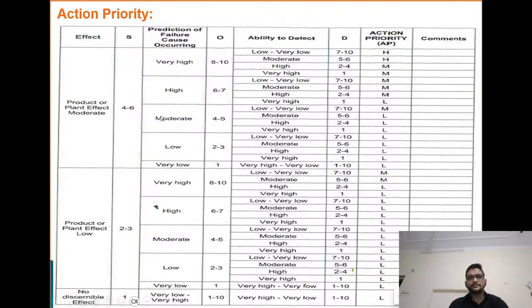Now severity is 4 to 6 and occurrence is 8 to 10: detection 7 to 10 is high, 5 to 6 is high, 2 to 4 is medium and detection 1 is also medium.